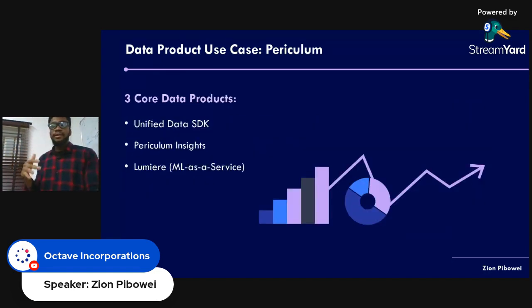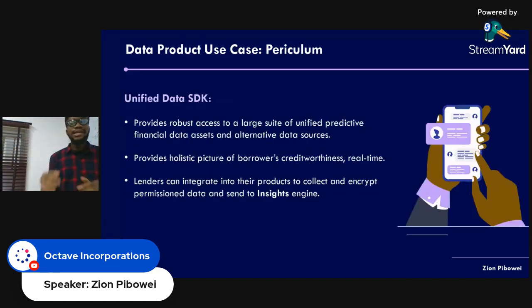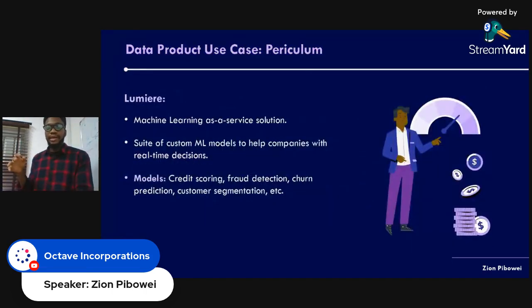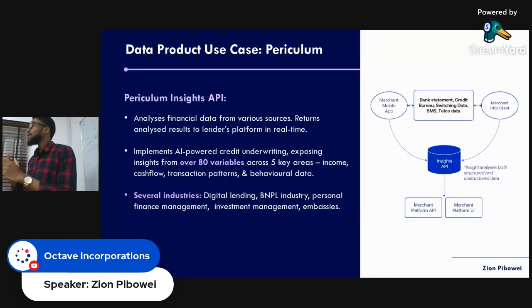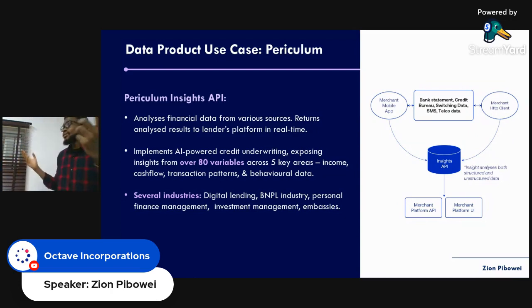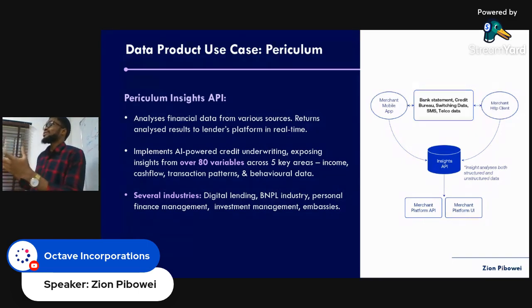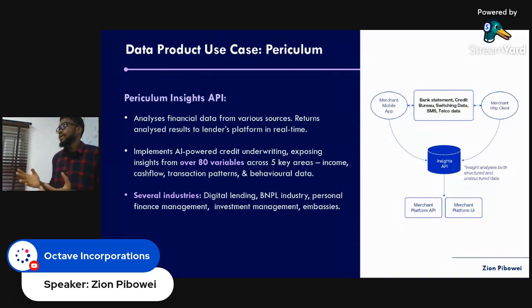Then we have Insights, the Insights API that is built on top of the Unified Data SDK. And what this one does is it leverages machine learning. When we look at your data, unlike the legacy methods you are using to determine who gets credit, we expose over 80 variables in that data. So we have 80 variables across different areas, across your income, across cash flow, across transaction patterns.